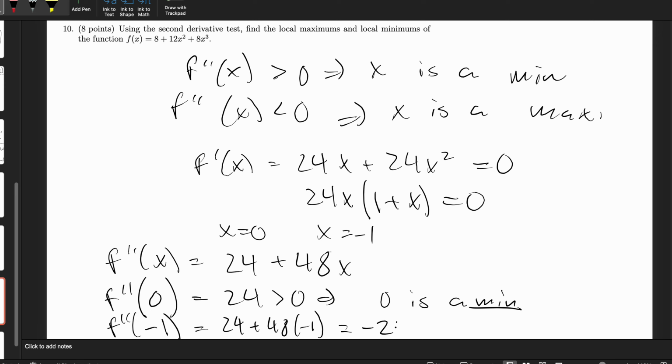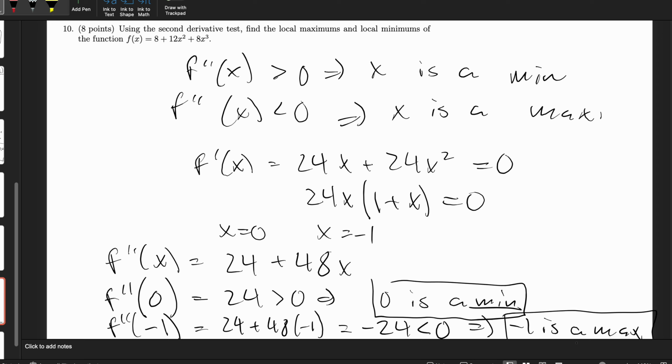That's equal to minus 24. That's negative, and so that tells me that minus 1 is a max. So 0 is a min, and minus 1 is a maximum.